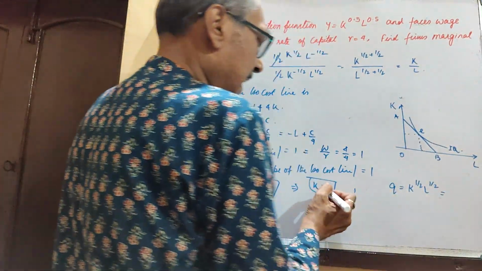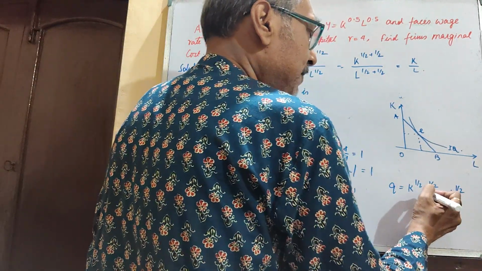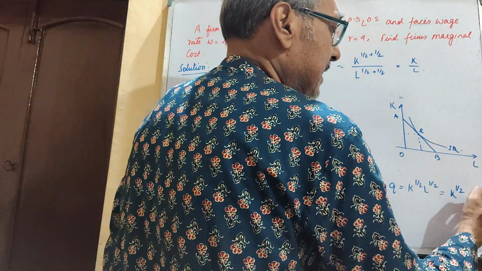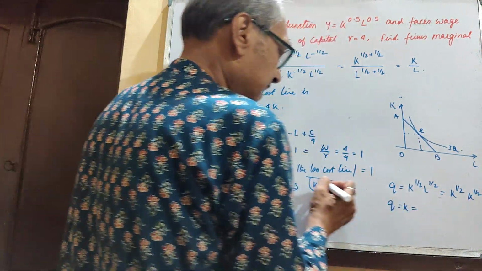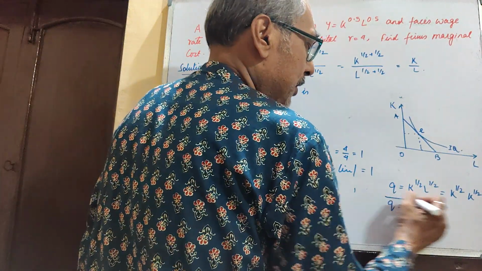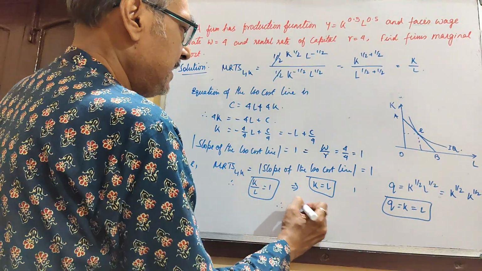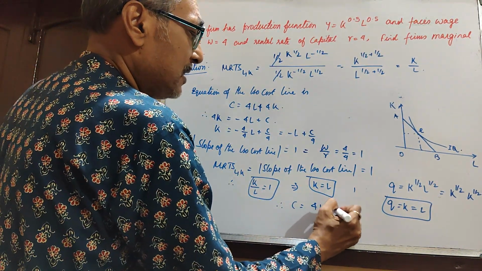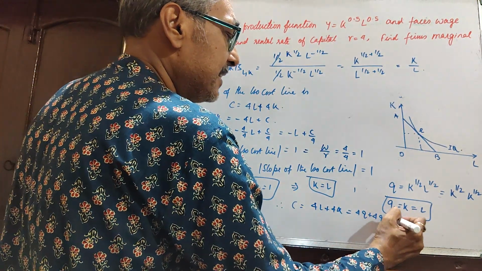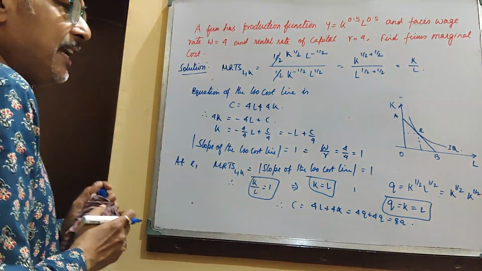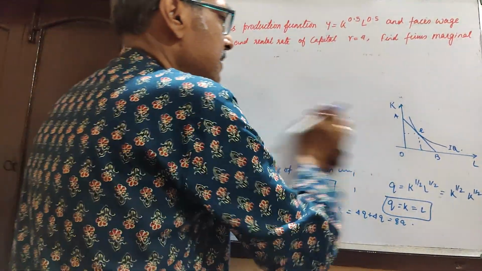We convert either in terms of L or in terms of K. I am writing in terms of K. In place of L, I am writing K. Therefore, Q equals K equals L. Therefore, C equals 4L plus 4K equals 4Q plus 4Q. This is 8Q.